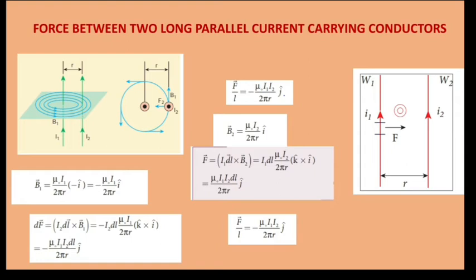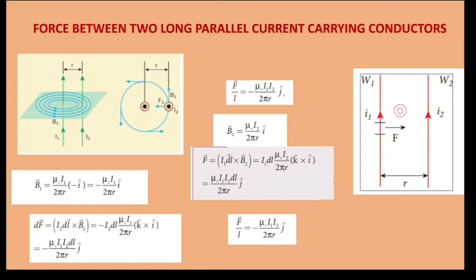Let two long straight parallel current carrying conductors be separated by a distance r in air medium. Let the currents I1 and I2 be the electric currents passing through conductors A and B in the same direction along the x direction.